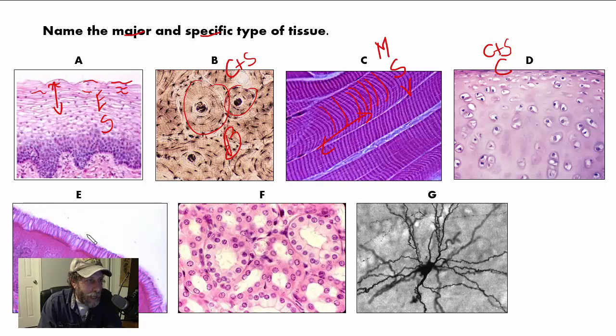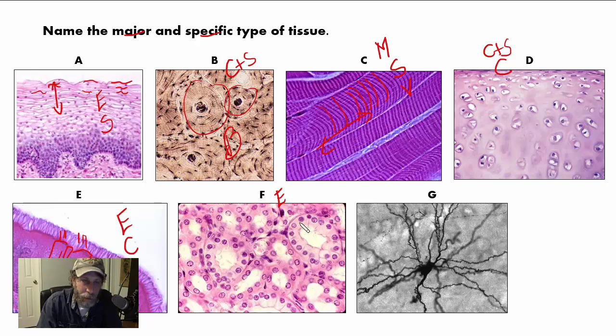All right, down to E. Notice the long cells here with the cilia. I'm not tracing them very well at all, but you can still see that. So major type, epithelial. Specific type, columnar. So people say this is columnar epithelial. And how about this one? What's the major type?